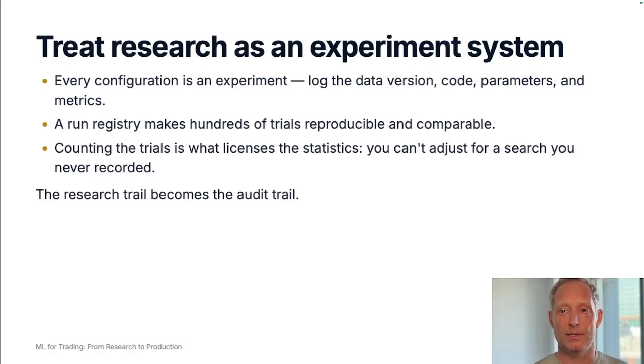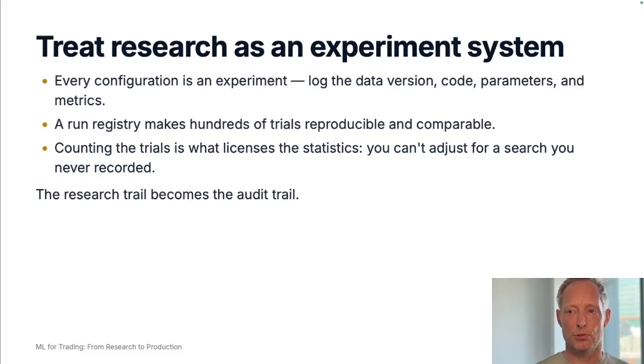Another major theme is that research itself should be treated as an experimental system. Every attempt we run is an experiment. Every feature set, label definition, model specification, universe, and backtest variation contributes to the search process. If we do not track these trials, we cannot properly account for the search cost.